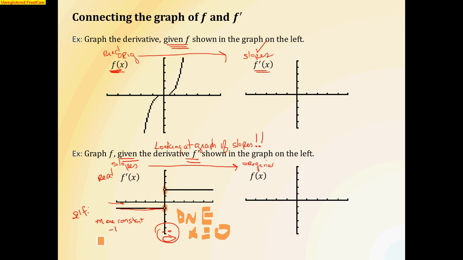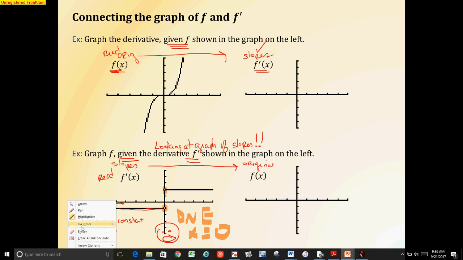Do you see that in this graph? I hope so. Because over here, the slopes are also constant, but what are they constantly? They are constantly +1.